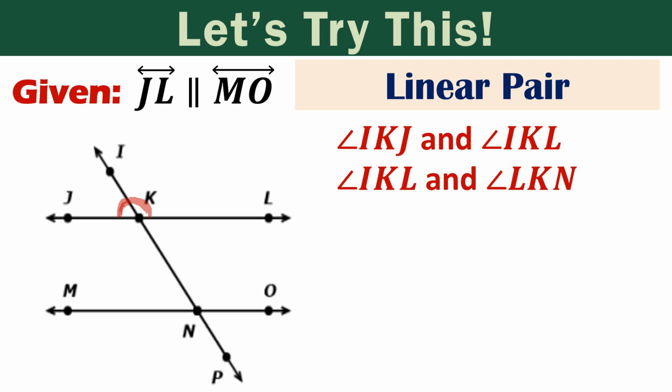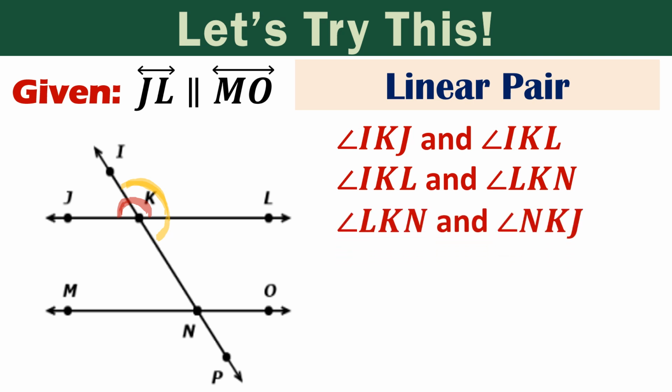What else? We do have IKL, and we can also have IKL with LKN. Okay, these two are adjacent and supplementary. Now, we can also have LKN paired with NKJ.